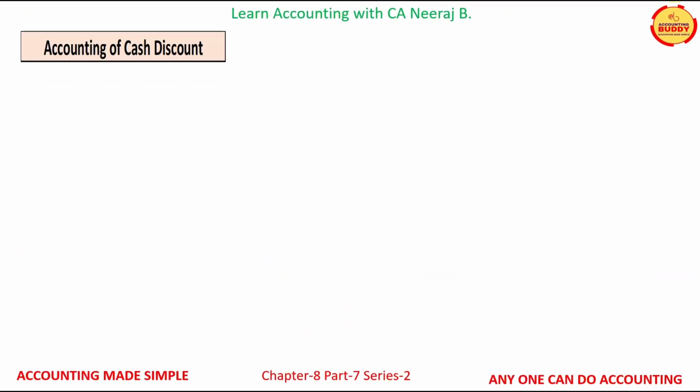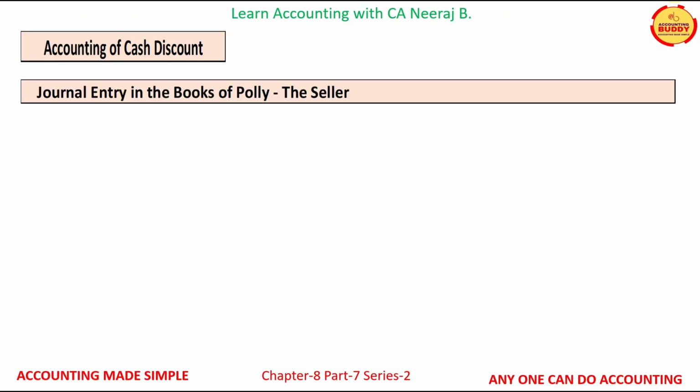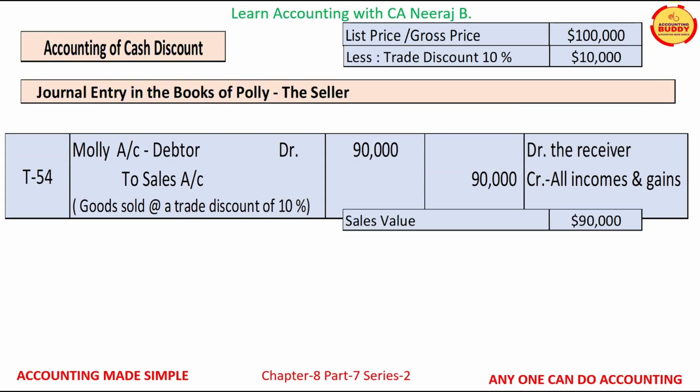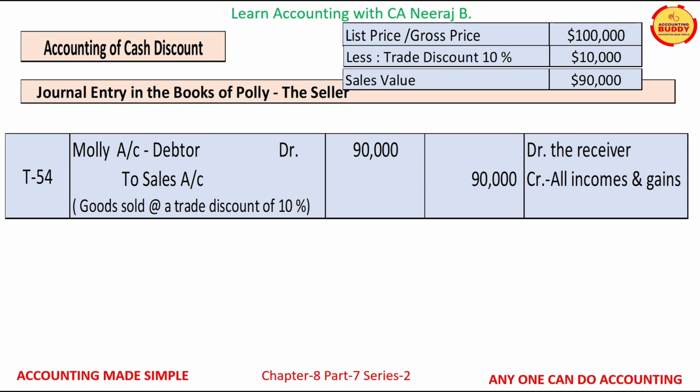Let us learn the accounting entry for cash discount first in the books of Polly the seller. The entry will be recorded as appearing on your screen. Molly's debtor account is a personal account and will be debited by applying the rule of debit the receiver. Sales account is a nominal account and will be credited by applying the rule credit all incomes and gains.